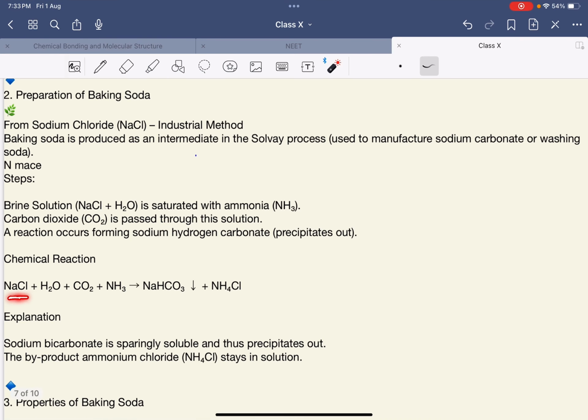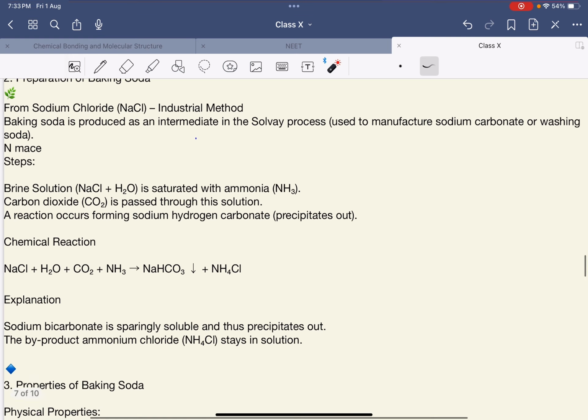The product is sodium hydrogen carbonate and the byproduct is ammonium chloride.